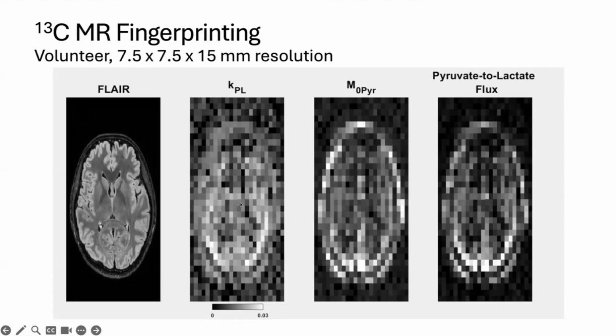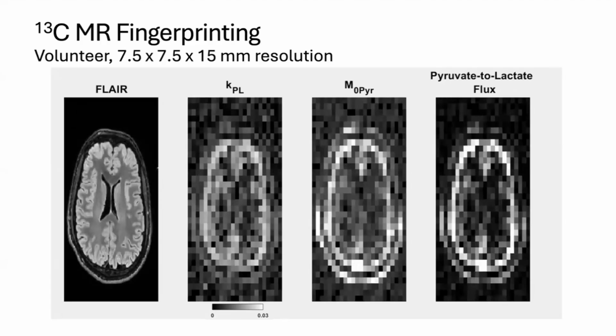And if you squint, you could hallucinate various structures, like the thalami appear to have a slightly higher KPL compared to the basal ganglia. I think this is a very, very promising first couple of volunteer experiments with this method.